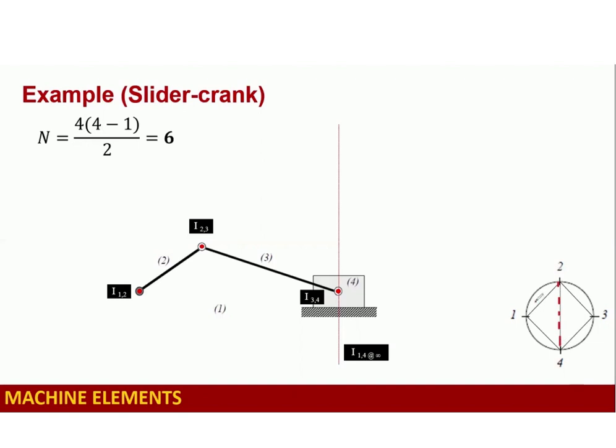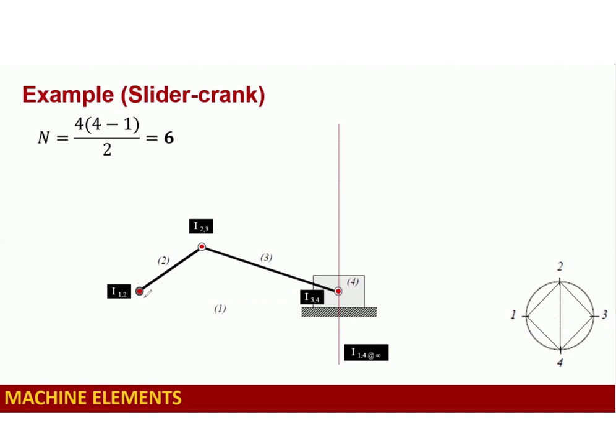Between instantaneous center 1, 2, 1, 4. So we connect 1, 2, and 1, 4. So this is our 1, 2, connecting it to 1, 4. Sorry, so that is not 1 to 1, 4, since our 1, 4 is actually this line here.